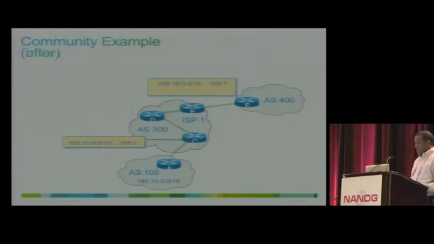Using community, you can simplify this by saying that when we receive that prefix, we attach community 300:1. Again, 300 is the AS number for that AS. Now, on that peer, you just say allow 300:1.